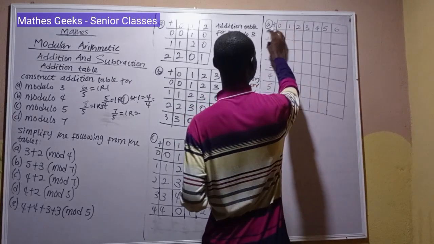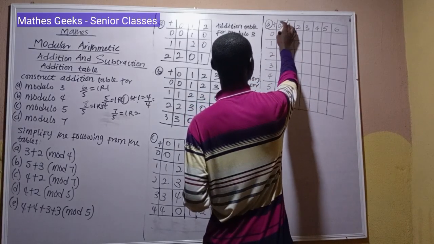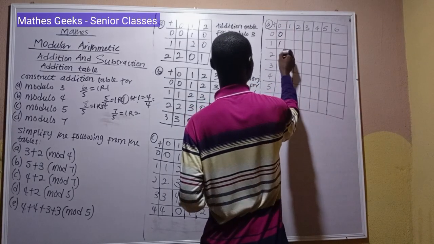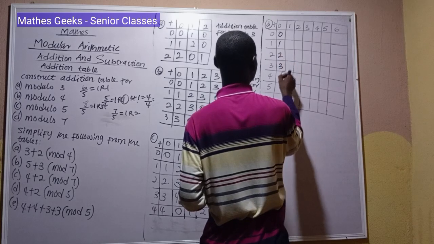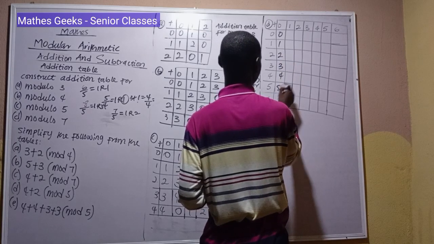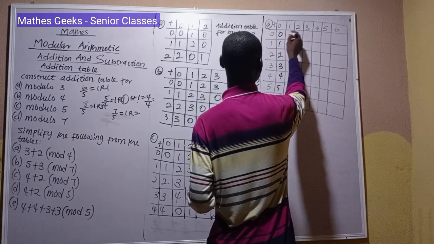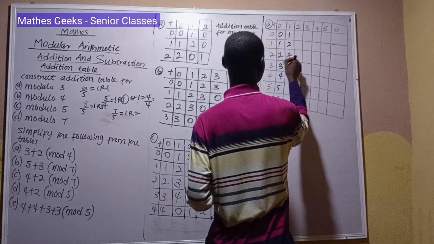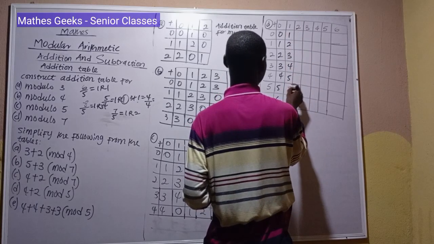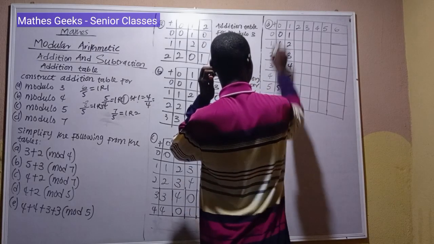So 0 plus 0 is 0. 0 plus 1, 1. 0 plus 2, 2, 3, 4, 5, 6. 1 plus 1, 2, 3, 4, 5, 6. 1 plus 6, 7.